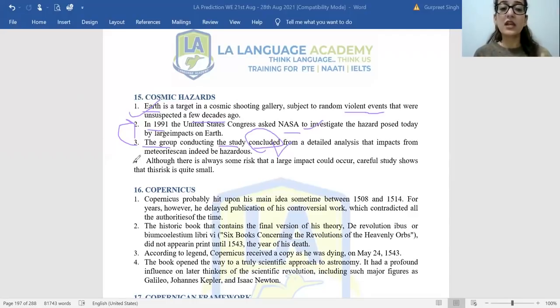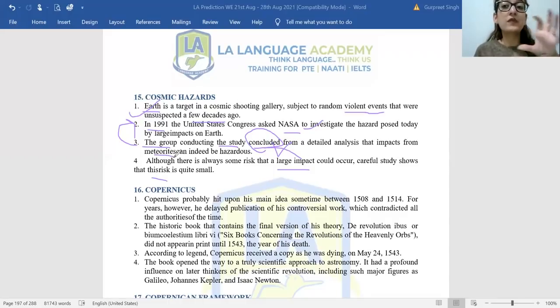The fourth one is again a general sentence, but it cannot come first because, although there is always some risk, there are large impacts. So what impact are we talking about? Careful study shows the risk is small. So which risk are we talking about? This has to come at the end because the large impact is the impact from meteorites.